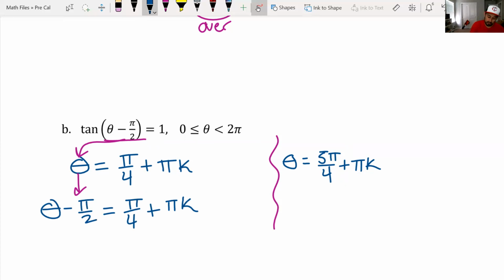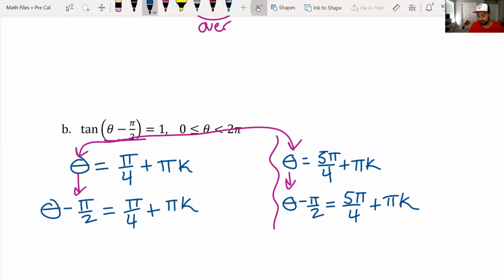Same thing over here. That must replace that. So that becomes theta minus pi over 2 equal to 5 pi over 4 plus pi k.